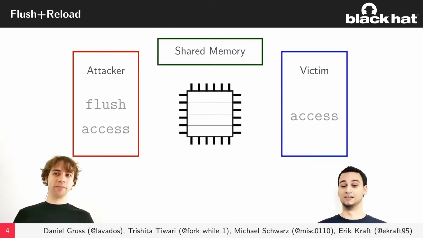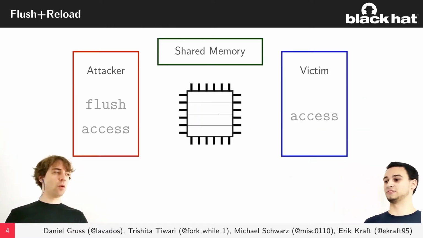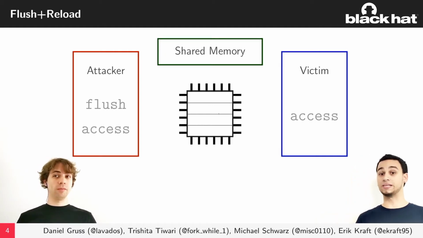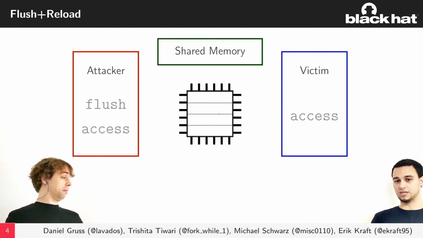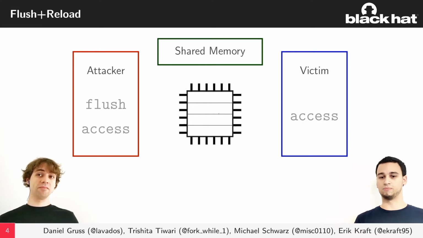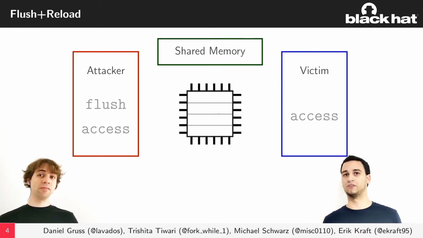It turns out you can build attacks with that. With this simple timing difference, you can already attack some applications. Let's see, for example, in this setup here, we have an attacker application, we have a victim application, and we have some shared memory, and of course, this transparent cache that we have in every CPU.